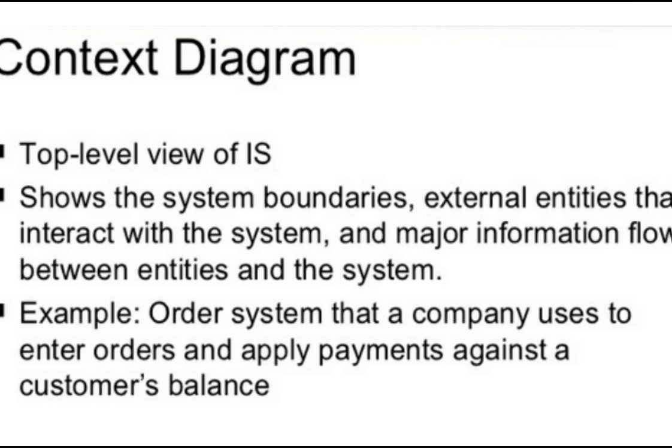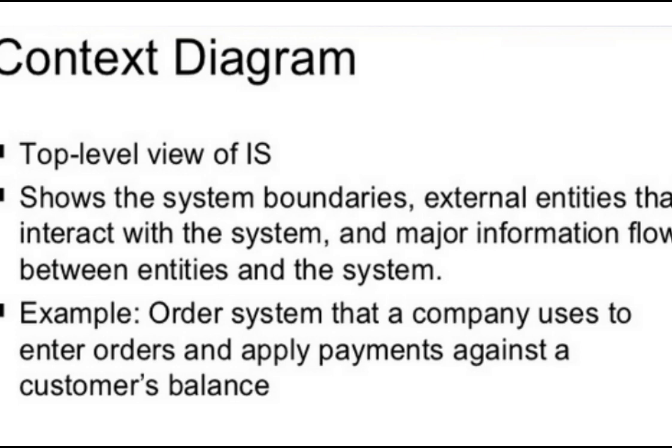Now we have discussed the various symbols and the rules to be followed whenever we represent a data flow diagram. In a data flow diagram, initially the system can be represented with a context diagram.